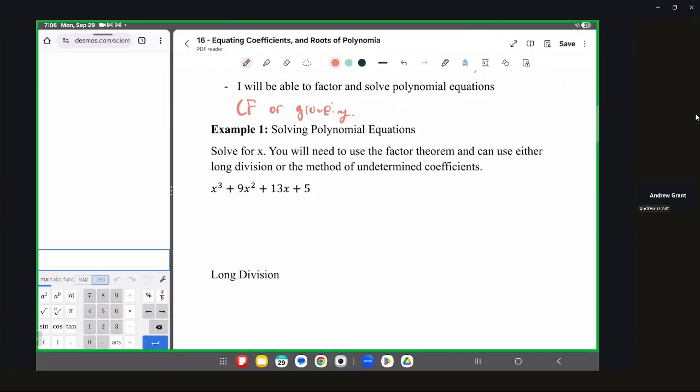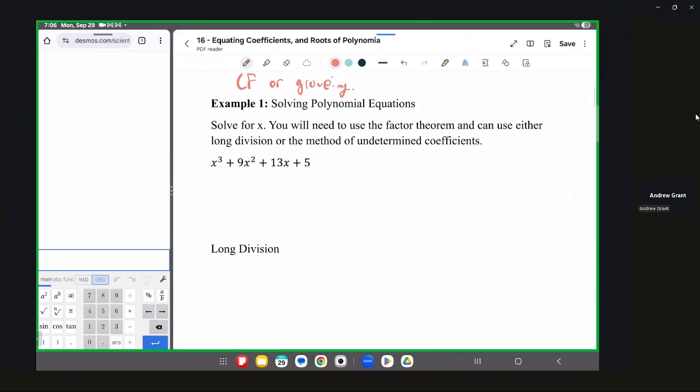However, sometimes when we want to solve for these things, we can't use those techniques. And in fact, we're going to need to just end up using the factor theorem to solve this. And so what do we have here? So we're going to solve for x, and we will need to use the factor theorem and can use either long division or the method of undetermined coefficients to figure this out.